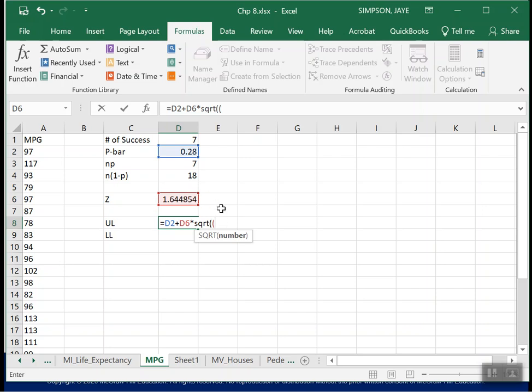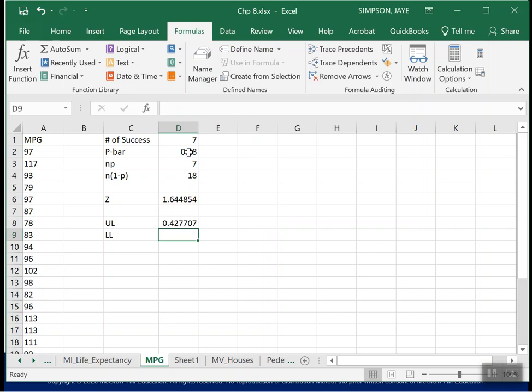So it's the square root of everything. So remember, the numerator then is the sample proportion multiplied by 1 minus the sample proportion, close two sets of parentheses there, divided by the n, or the sample size, which is 25, and then close my last parenthesis, and I get 0.427, 707, blah, blah, blah.